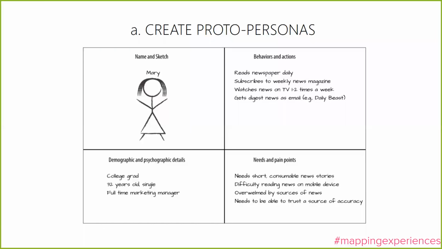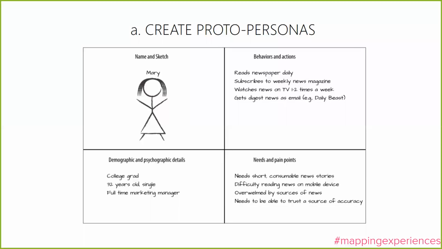And in terms of the person whose experience you're mapping, I think a Proto Persona, if you don't know Proto Personas, you can Google that. Sometimes they're called assumption personas, where you're just making a hypothesis or an assumption about the user based on what you know today. So it's about capturing what you know about the customers in a simple format.